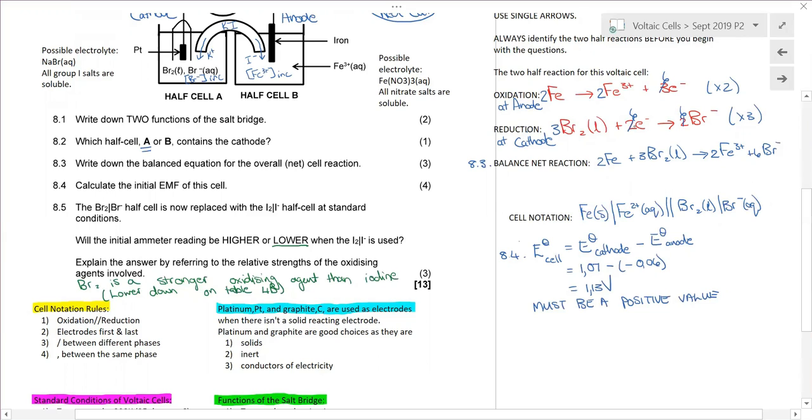And what is the electrode here? There's no bromine or bromide electrode, so it's the platinum electrode. So it's Pt solid. So my electrodes are first and last. So that is the cell notation for the cell.